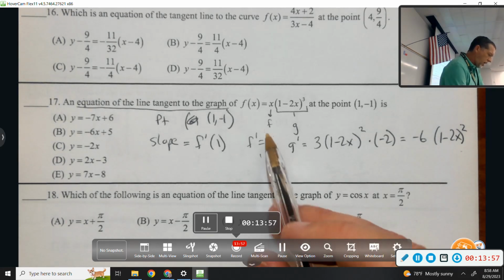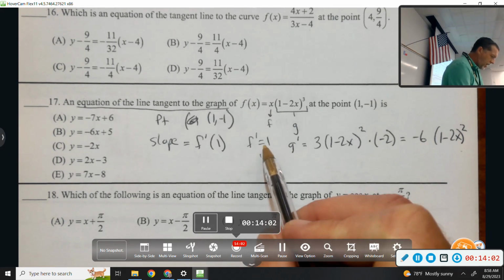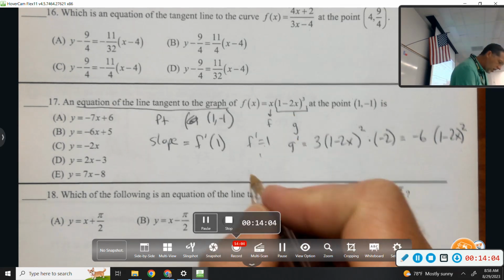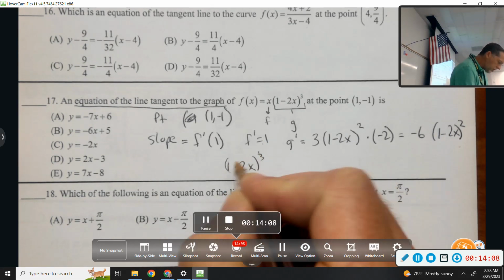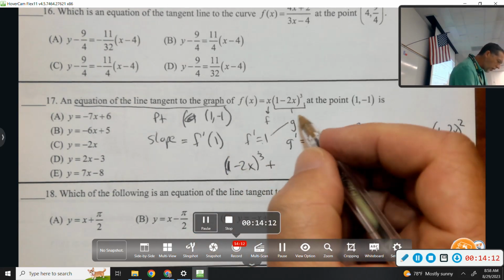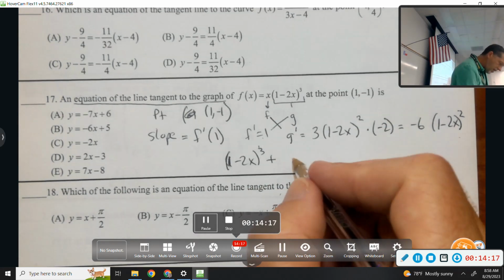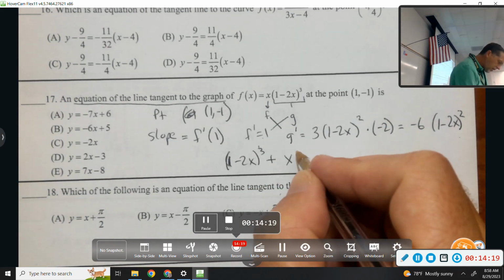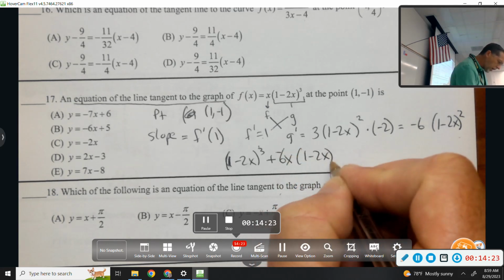So it's product rule, so it doesn't really matter which way we go. F prime g, so 1 minus 2x cubed, plus, that was this way, f g prime, x times negative 6, 1 minus 2x squared.